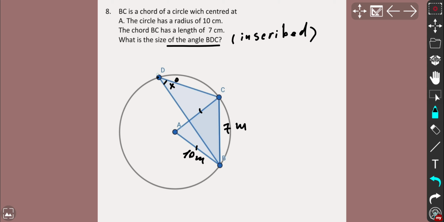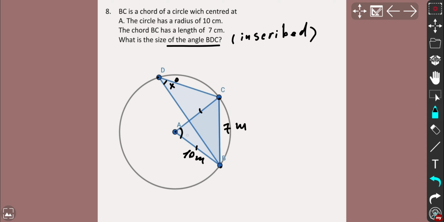So what's the connection of the inscribed angle and the central angle? The central angle has the same points B and C as supporting points, the arms of the central angle are AC and AB, and the vertex is at the center.